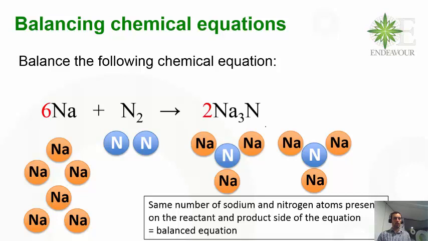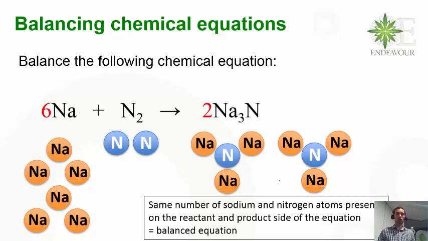So visually now we can see that there are 6 sodiums on the reactant side, 6 sodiums on the product side, and 2 nitrogens on each side as well. So in theory we could do step 3, which is to do the table and count them in that way, but we can see it visually here. So it's just another way of doing it.